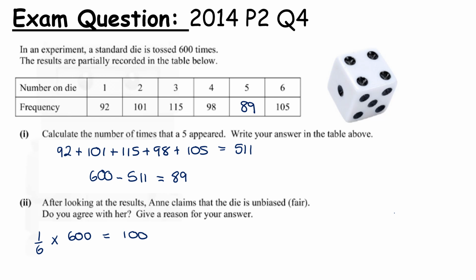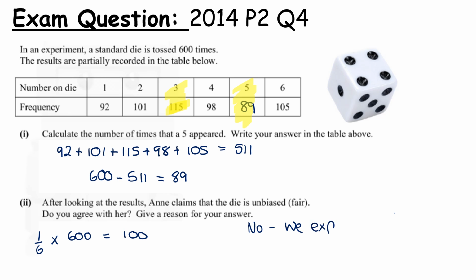You may feel like they are pretty close and this is a fair die. However, it's unlikely that it's fair given this particular result and this result. They're quite different. So, based on that, we would probably say no.